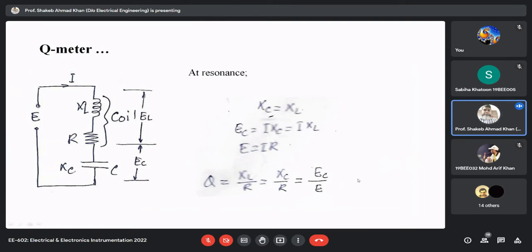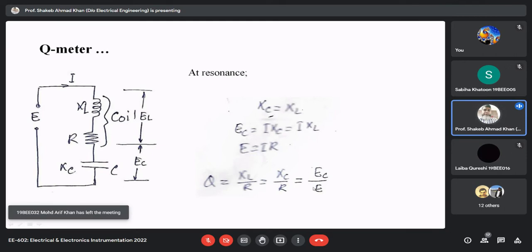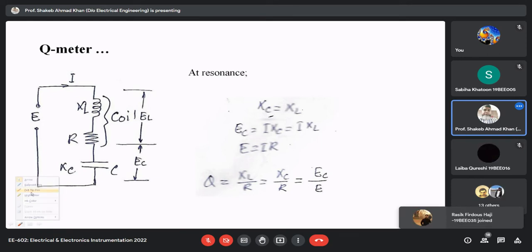The quality factor. How can we find the quality factor on the basis of the series resonance circuit? You can see that the quality factor is proportional to the voltage across the capacitance, because we can write it like this: EC, the voltage across the capacitance, is equal to the excitation times the quality factor.